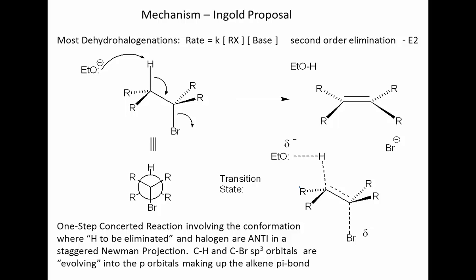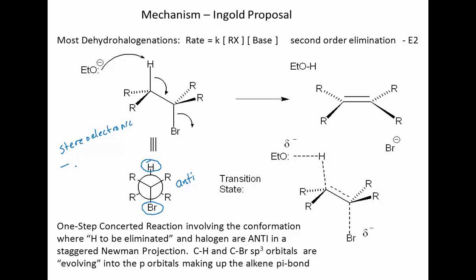Okay, what you'll notice here is that this transition state is very conformation dependent. It has to occur from a conformation where the hydrogen that you're eliminating and the halogen are in an anti relationship. Okay? And this is called the stereoelectronic effect.